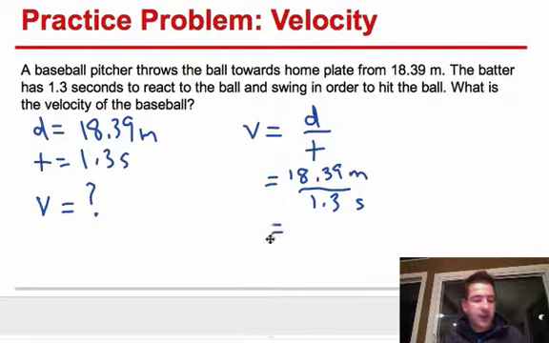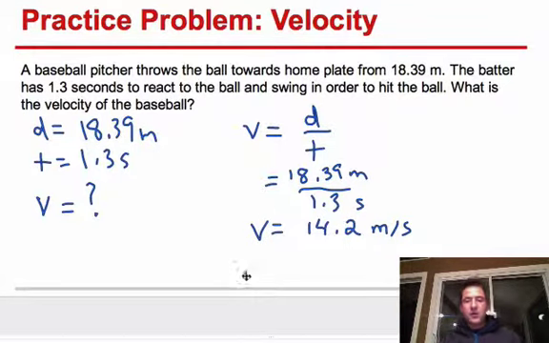And now I'm going to calculate, so I have my trusty little calculator beside me, divided by 1.3 equals 14.15. So it's going to be 14 point, I'll just go 2 for now. And its velocity is calculated in meters per second.